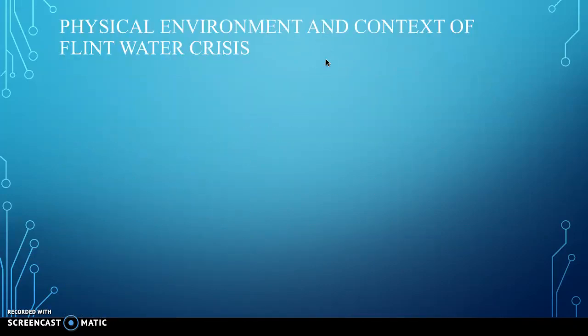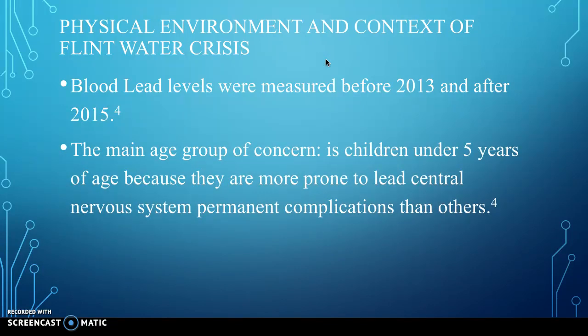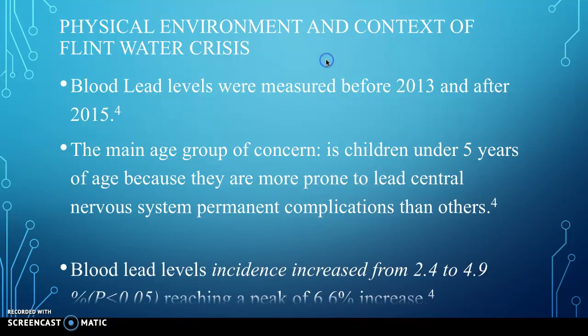Let's talk a little bit about the physical environment and context of the Flint water crisis. Blood lead levels were measured before 2013 and after 2015. We focus on a certain age group: children under 5 years. They are more prone to permanent central nervous system complications than others.